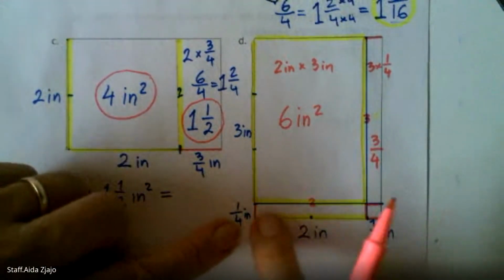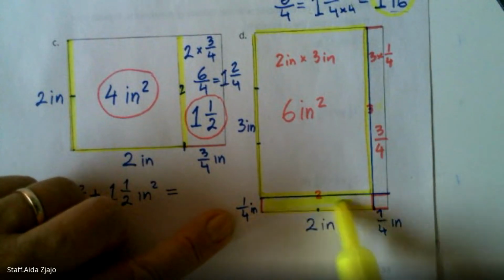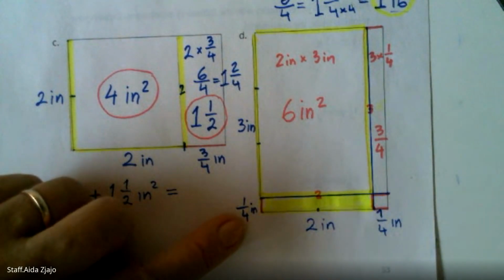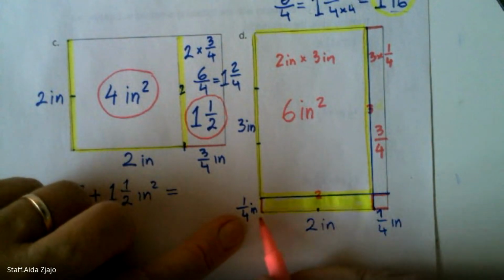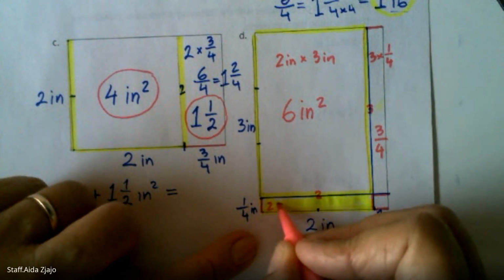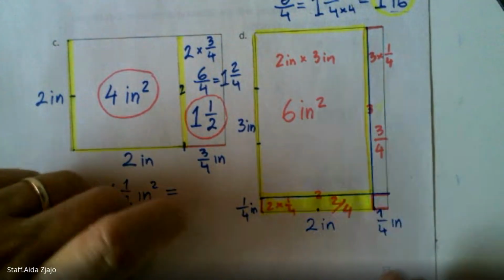Now, this area right here is 2 times 1/4, because this is 2 and this is 1/4. 2 times 1/4 is 2/4.